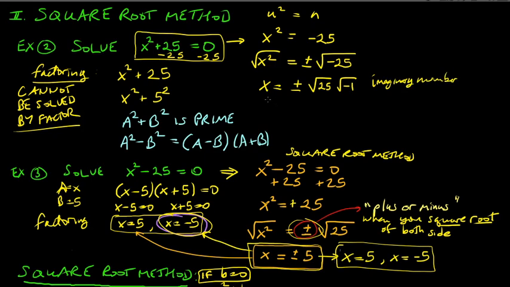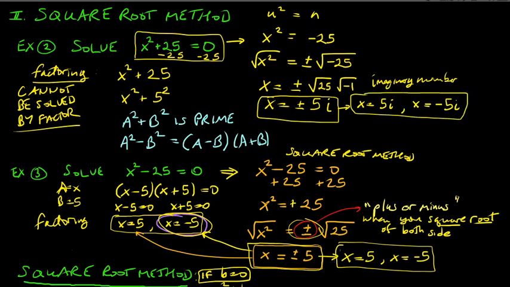So this is an imaginary number, right? x is going to be plus or minus the square root of 25, right, as it was down here, is still just equal to 5. Right? But the square root of negative 1, we gave that the name i, right? i for imaginary. Right? And then these are the solutions, right? Let's write them separately, right? You have x equals positive 5i as one solution, and then you have x equals negative 5i for the other solution, right?